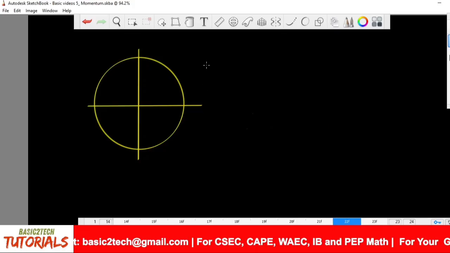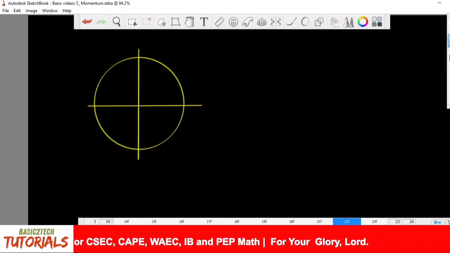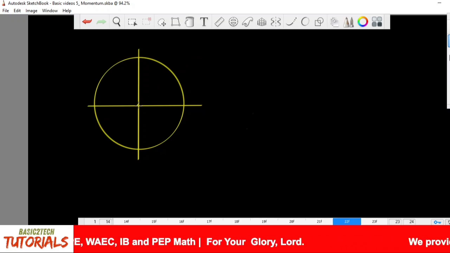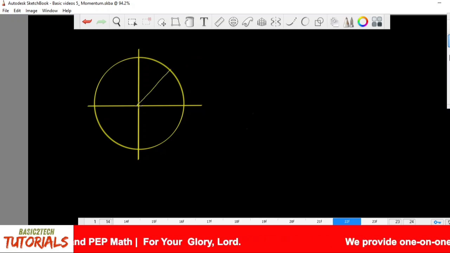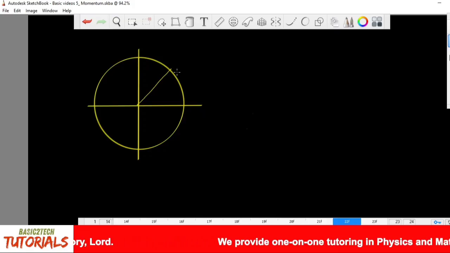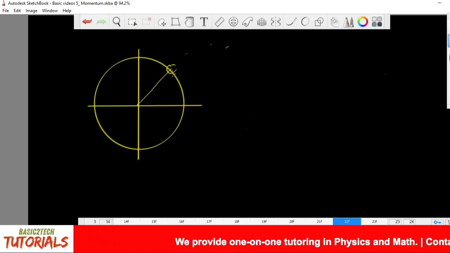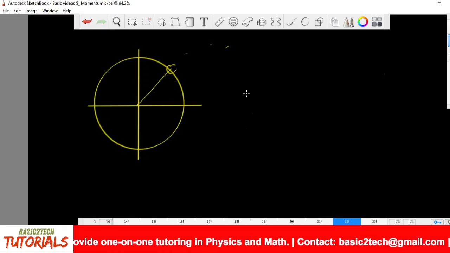Pick any point on the circle and draw a radius out of it. For example, I can draw a radius from the center of the circle to this point. This is our radius. That radius makes an angle theta with the positive x-axis. The point where it lands has coordinates, and this is the whole secret of trigonometry.